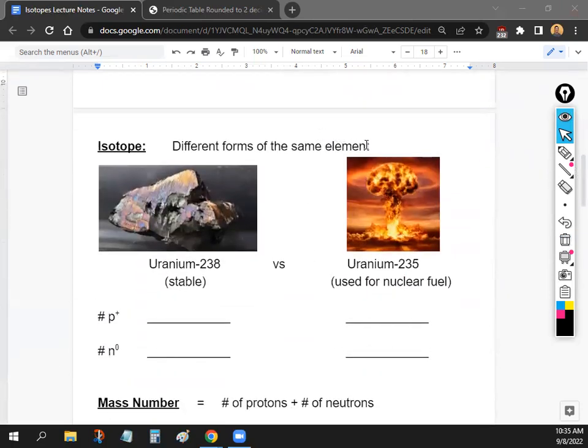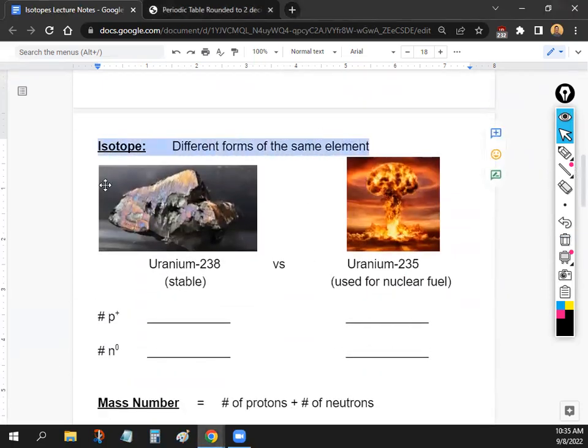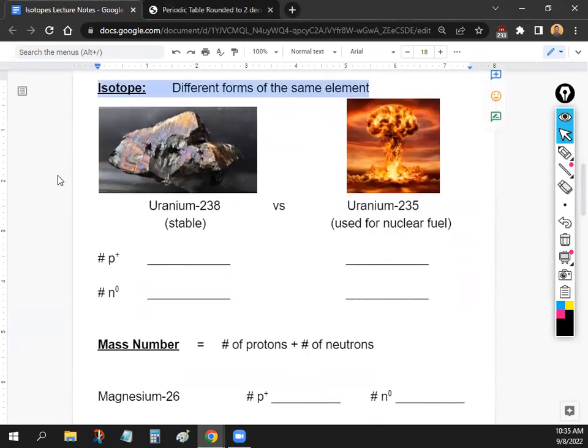Okay, and so I want you guys to write the definition of an isotope down. Okay, an isotope is a different form of the same element.